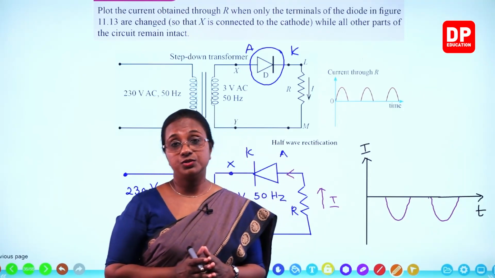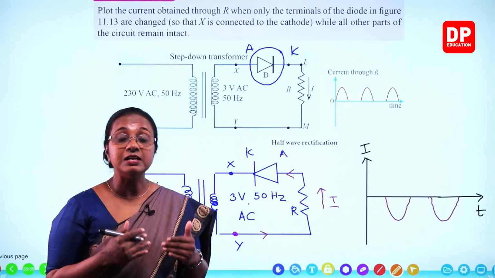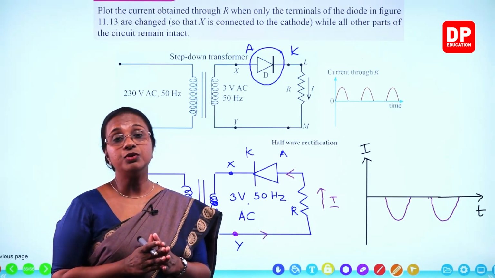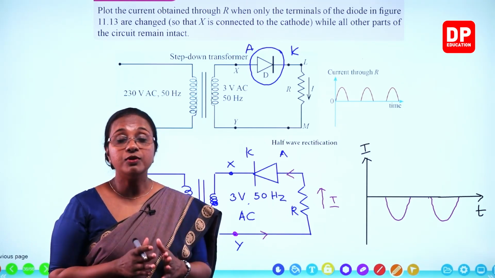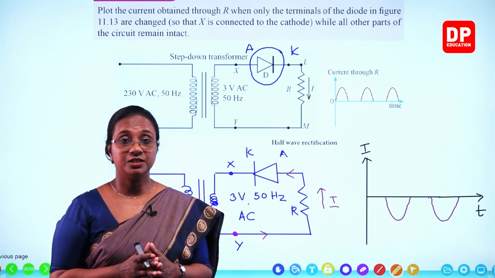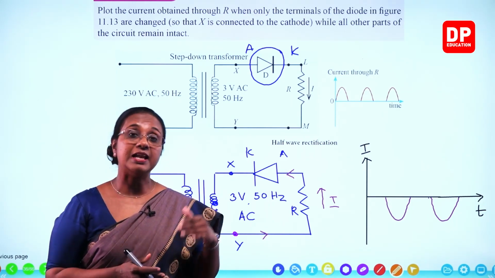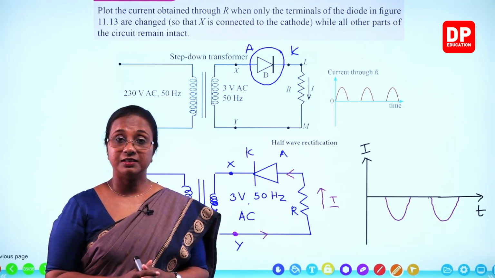Same here also. So then we have to have a way of converting the alternating current completely to direct current. And that process is known as full wave rectification. So I will end this chapter here, and in the next chapter I will discuss the full wave rectification with you all.